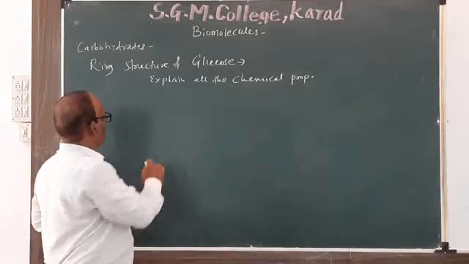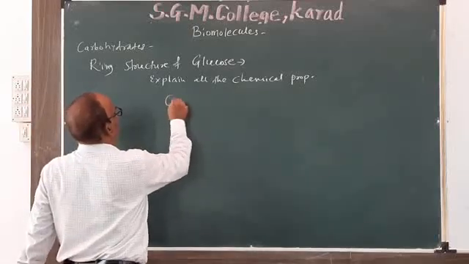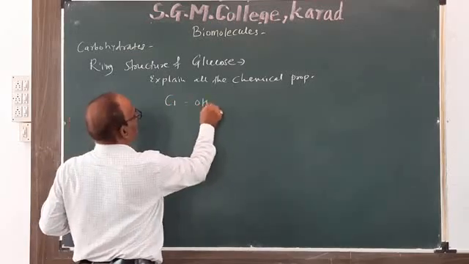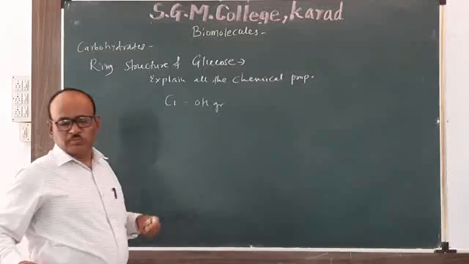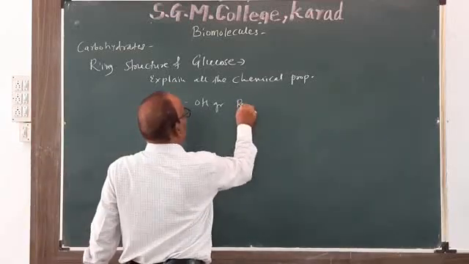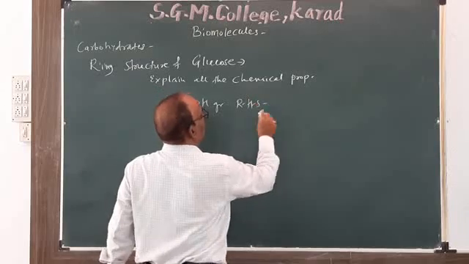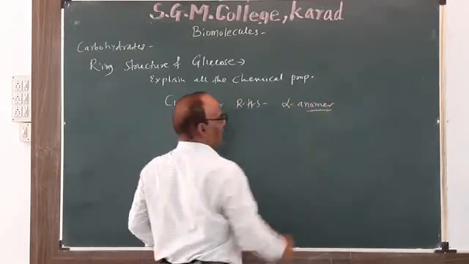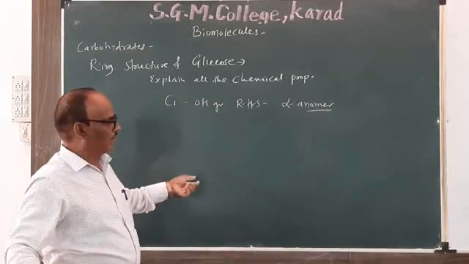If at C1 the OH group is on the right hand side, then it is called an alpha anomer. An anomer is an isomer.